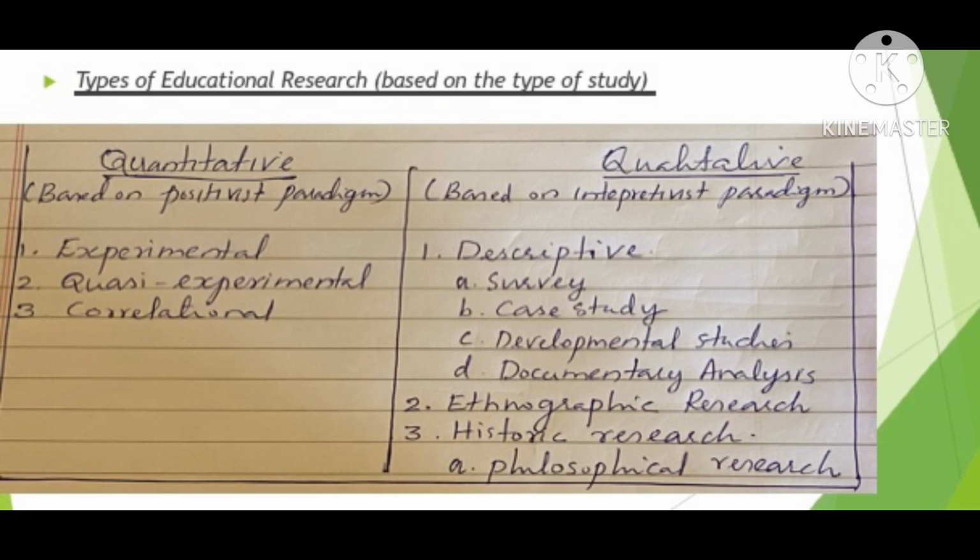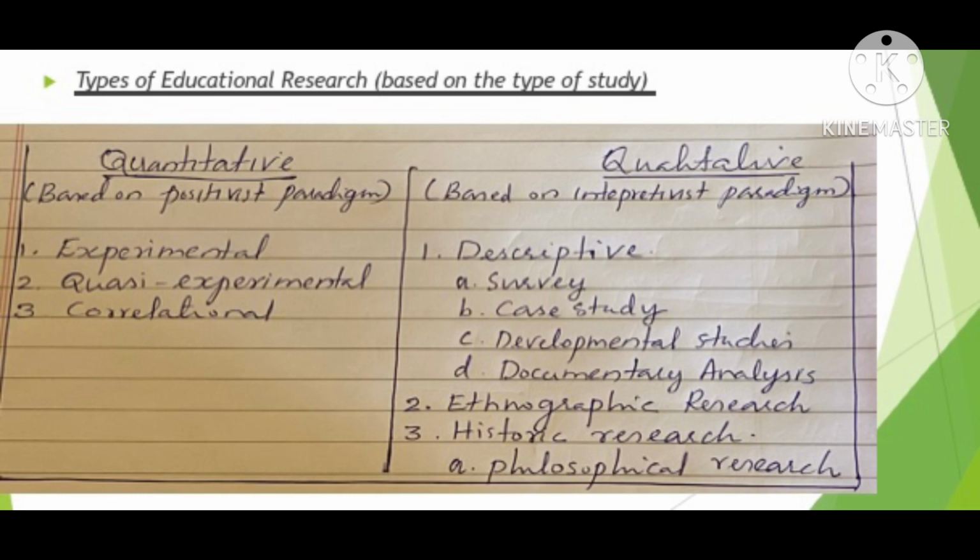Quantitative research, we can say, is based on the positivist paradigm. And what is the positivist paradigm? Whatever we are observing here, we are just believing that. There are three types of quantitative research: experimental research, quasi-experimental research, and correlational research.